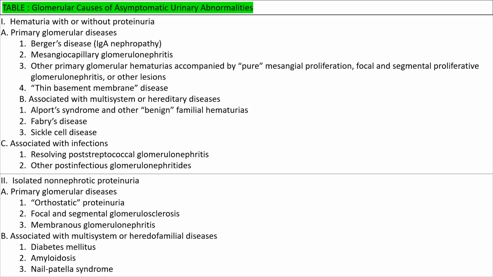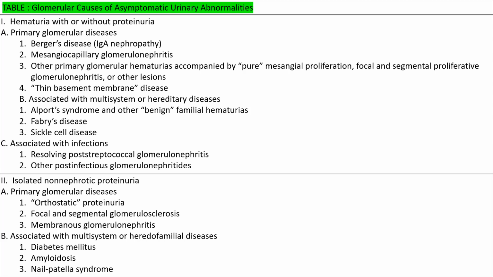number 1 is hematuria with or without proteinuria. You can just write down this table. I'll explain in the next class. Write down number 1 is hematuria with or without proteinuria.